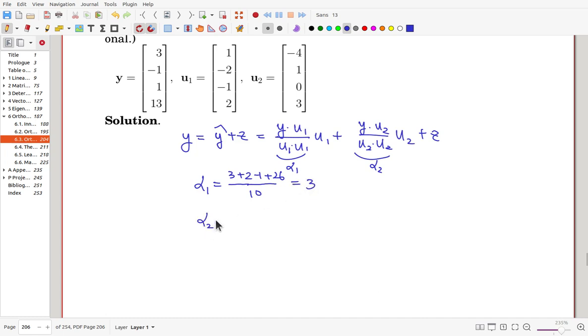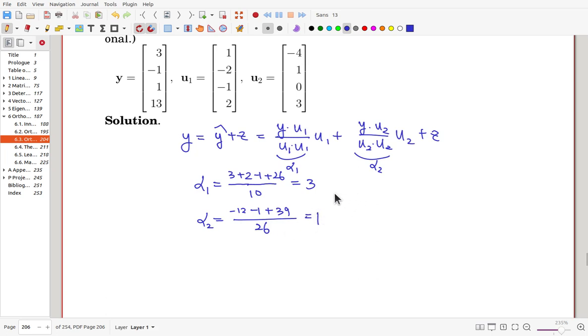Now, how about alpha 2? This dot product is minus 12, minus 1, and 0, plus 39. And then u2 dot u2 is 16 plus 1 plus 9, so that makes 26. Also the top makes 26, so that one is 1.